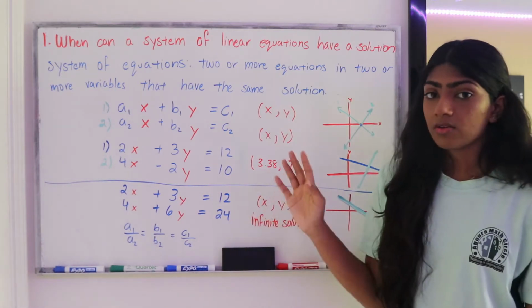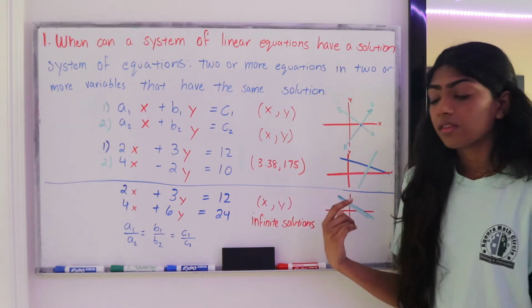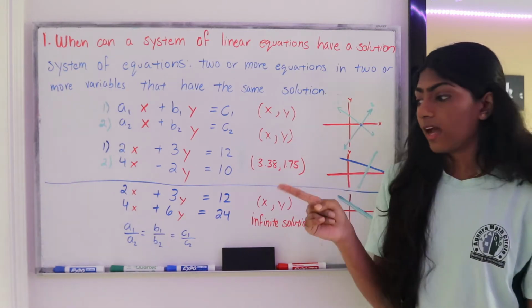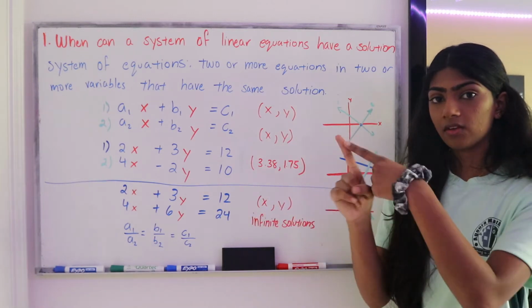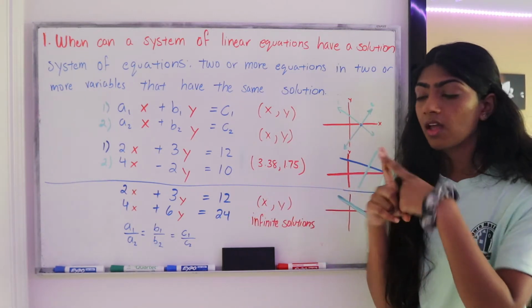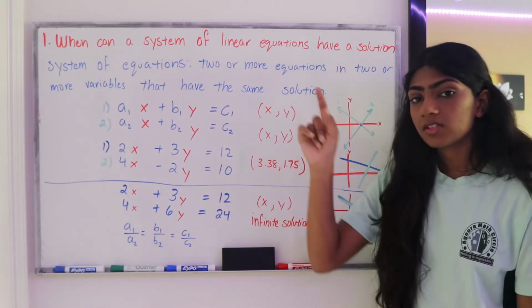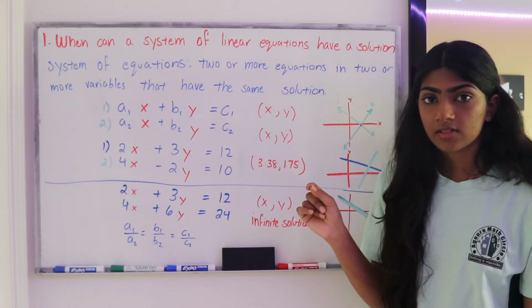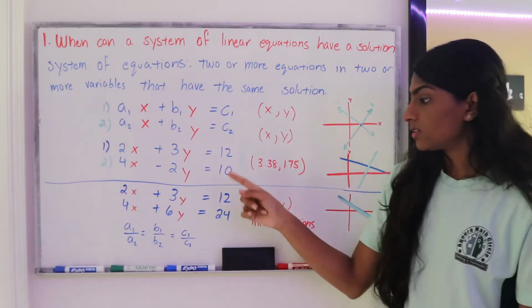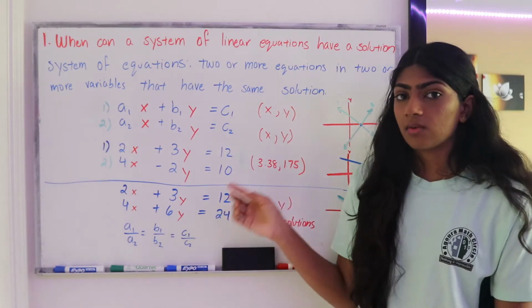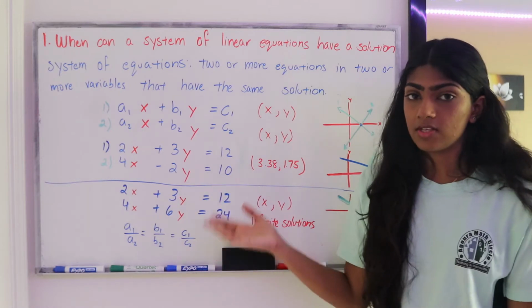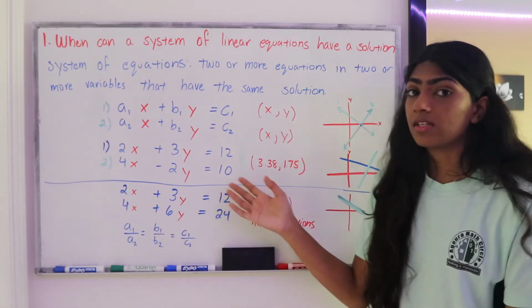That means that when we graph this on an xy coordinate, they're both going to be on the same line, directly on top of each other. That basically means that every single point on those two lines will intersect, which means that this system of equations has infinite solutions, where any x and any y that work for one equation work for both of these equations.